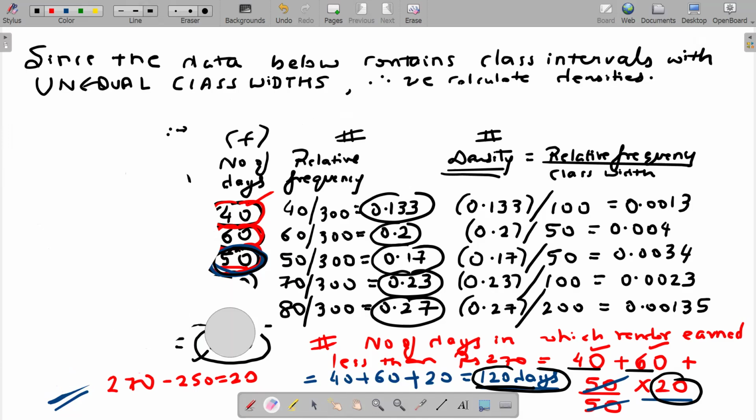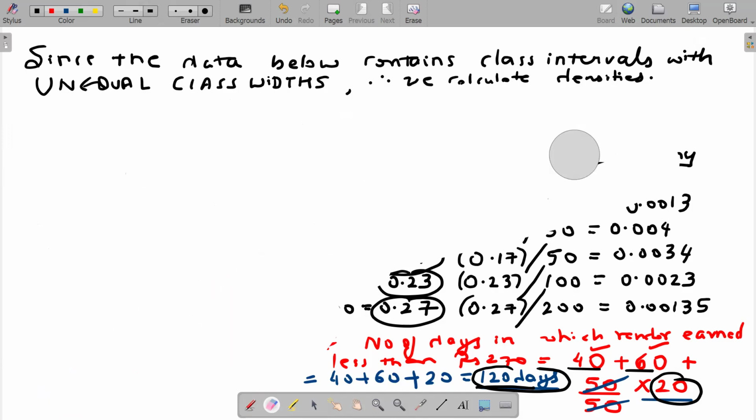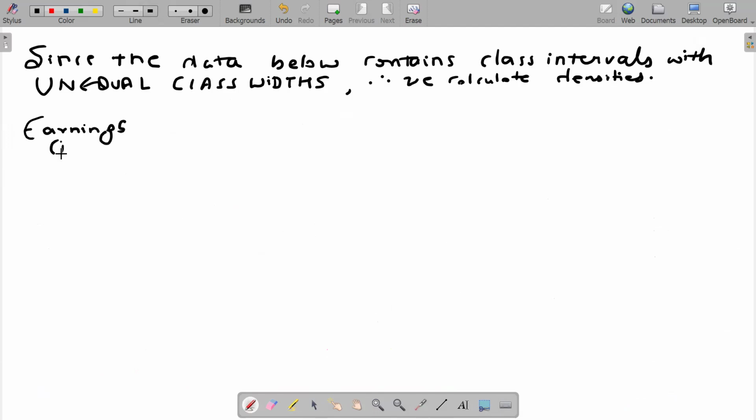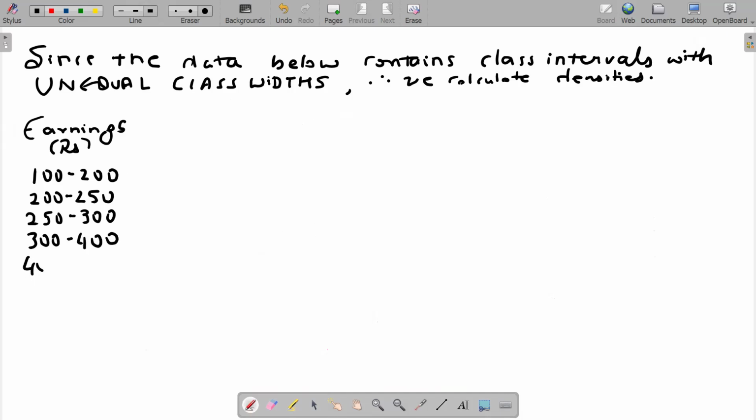I am writing the data again. But this time I'm only writing the densities we got and the class intervals. So my earnings, the earnings are as follows: earnings in rupees, which are 100 to 200, 200 to 250, then we have 250 to 300, 300 to 400, 400 to 600.